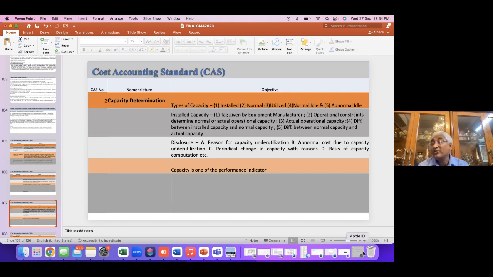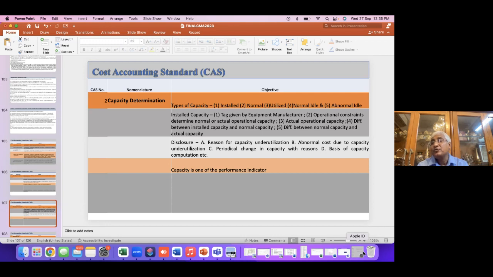That is definitely an abnormal idle time. Like that, every aspect of the expenditure has to be considered for this capacity determination. Installed capacity, tag given by the equipment manufacturer, operational constraints, determine normal or actual operational capacity. The difference between installed capacity and normal capacity, the difference between normal capacity and actual capacity, all these are reported.